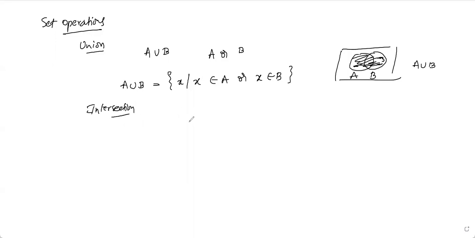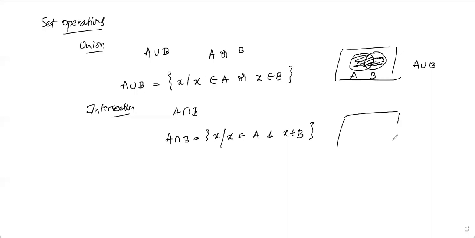Now, if you look at intersection, the intersection of sets A and B, denoted by A intersection B, is the set of elements which belong to A and B. That is, A intersection B is equal to {x such that x belongs to A and x belongs to B}.